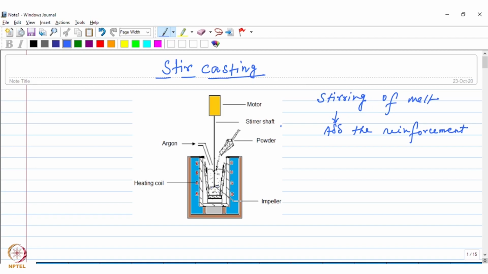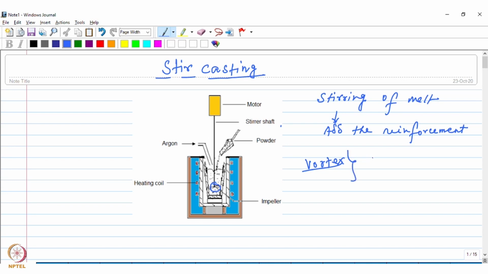These are the impeller blades, what you can see over here, and it is connected to a shaft which goes into a motor. So now if you rotate this shaft with the help of this electrical motor, then this impeller will be rotated inside the liquid metal. And as you rotate it at high speed, it will basically create a vortex in the liquid metal and will agitate the liquid metal.